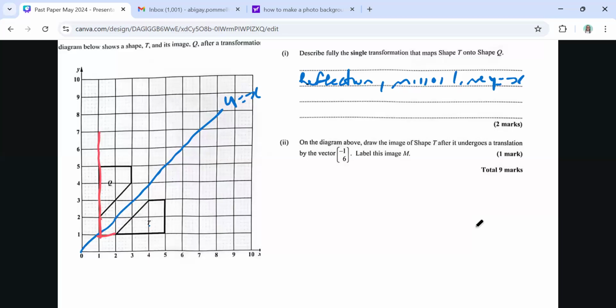So right here. Then we're going to do that for every corner now. So moving 1 space across and going up 6 times. 1 space across and moving up 6. Right here. Moving 1 space across and moving up 6.